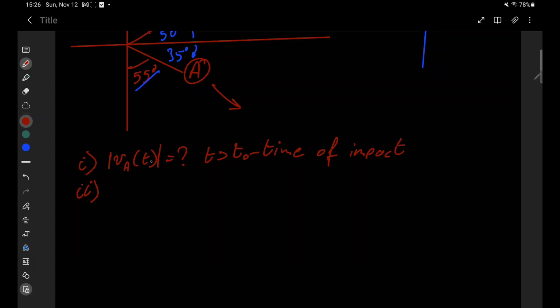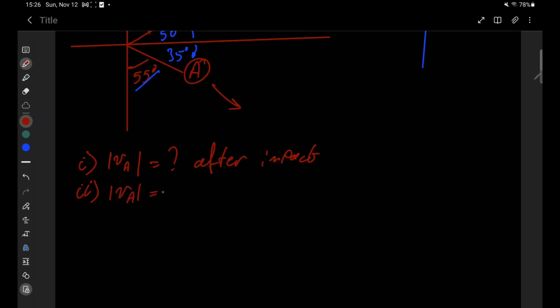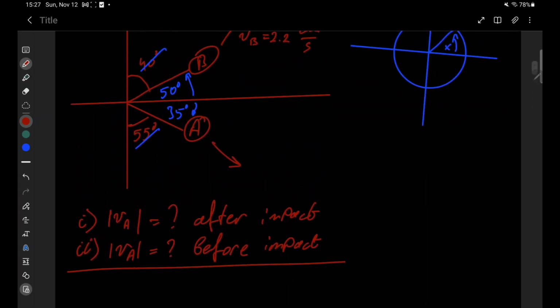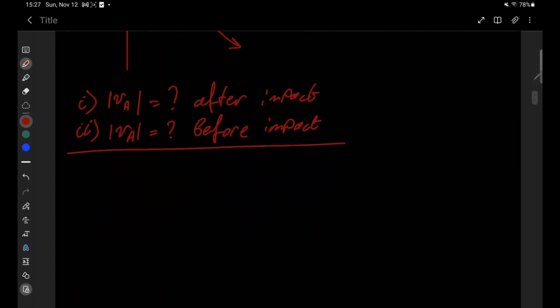But that could also confuse you, because right now they're not requiring us any formulas or any time relation. So we can just write VA after impact, and then they also ask us about VA, but now before impact. Really simple, nice problem, but the way the graphs are drawn in the original problem is just a no.